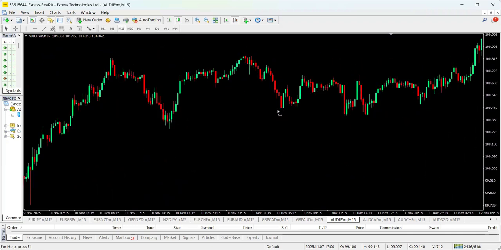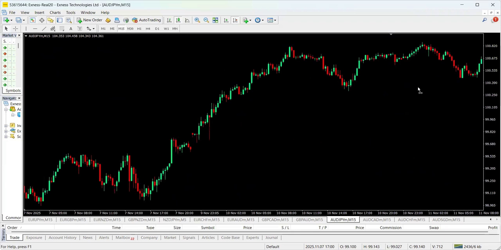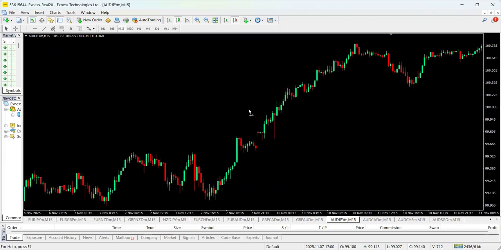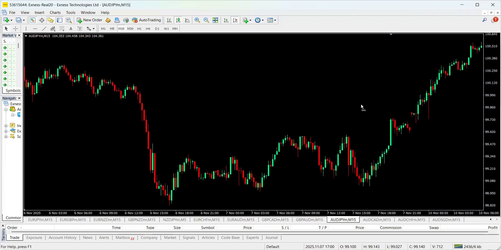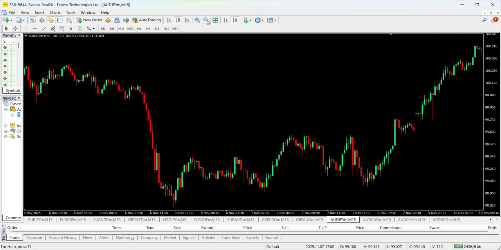Now, let's see how we could have predicted this move up. Because if we look here, remember we are looking at trends. If you look at this, the market moved down here, right? And then it made this trend going up, all right?